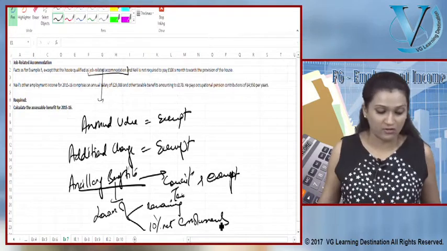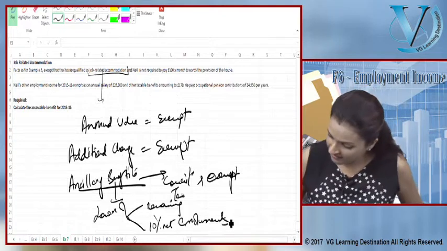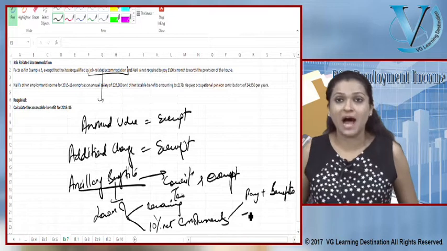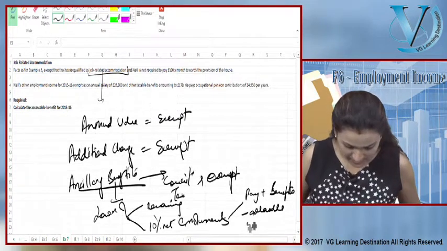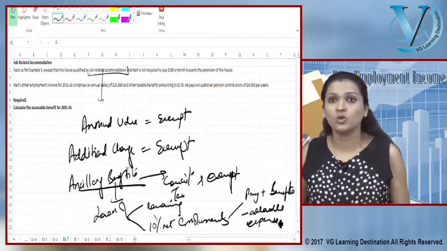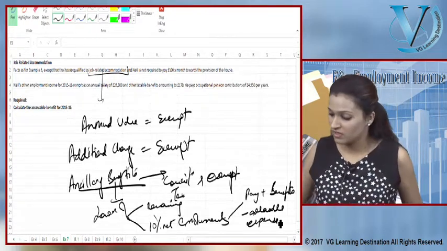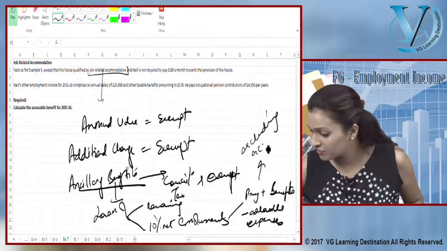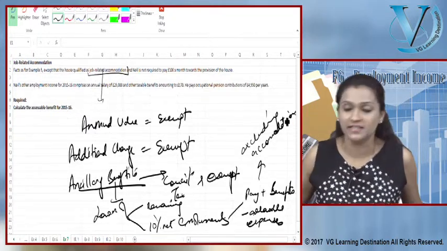Now what is 10% of net emoluments? It basically means whatever is the pay plus the benefits, out of which you are allowed to reduce the allowable expenses. Now this definitely does not include the value of the accommodation that we are going to calculate. So excluding accommodation, because you are obviously calculating the benefit of it thereof.